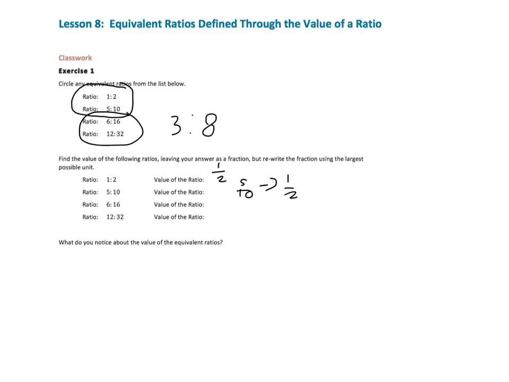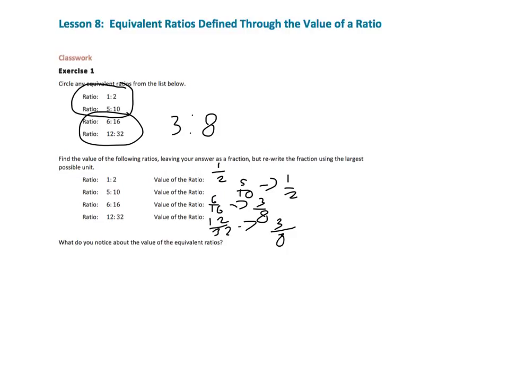Let's look at the third one, 6/16. That would be 6 divided by 16, which would reduce to 3/8, just like above. And lastly, we would have 12/32, which would reduce to 3/8 as well. So what do we notice about the equivalent ratios?